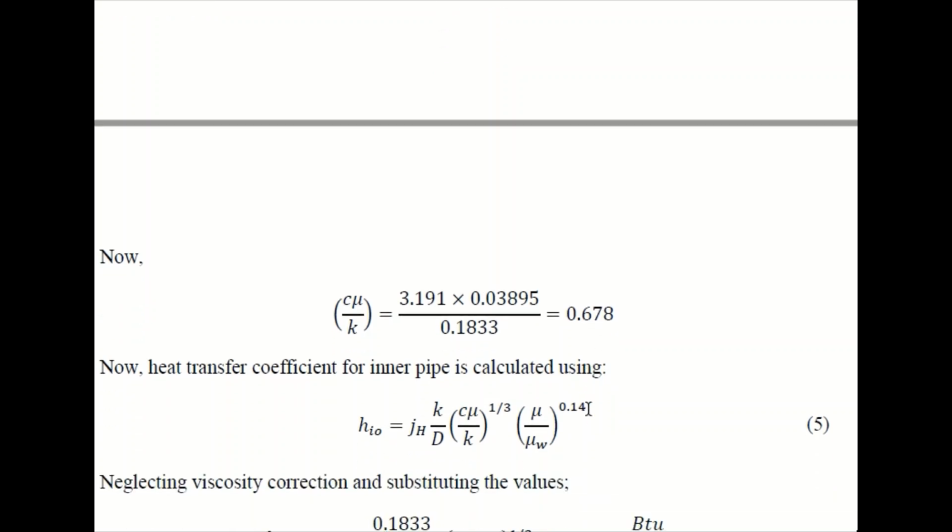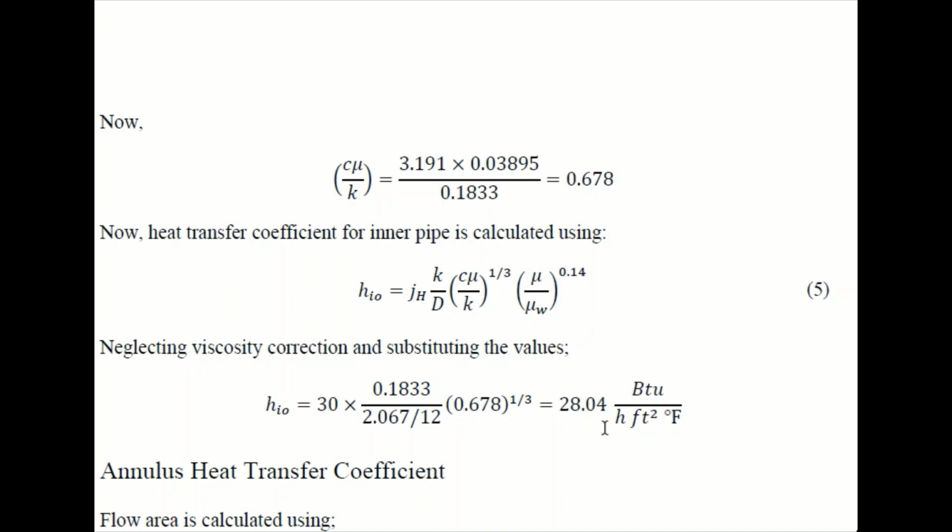After that we can find the inner pipe heat transfer coefficient using this formula, and we can neglect the viscosity correction because it is normally very small. We have the heat transfer factor, thermal conductivity, diameter, and the Prandtl number. After substituting the values, we obtain the inner pipe heat transfer coefficient as 28.04 BTU per hour feet square degree Fahrenheit.